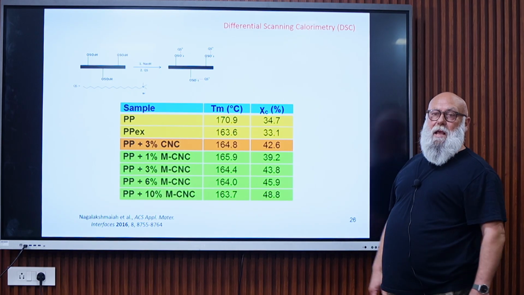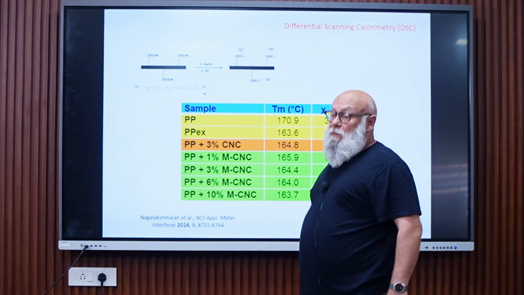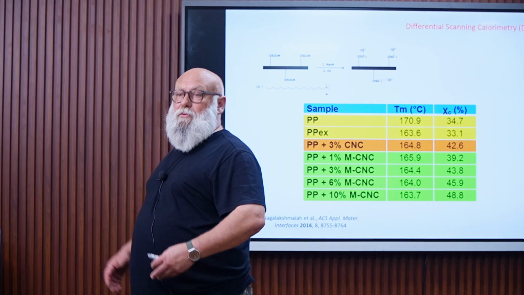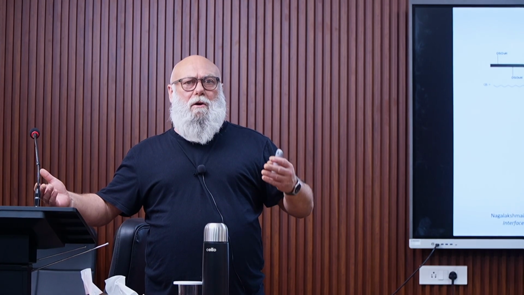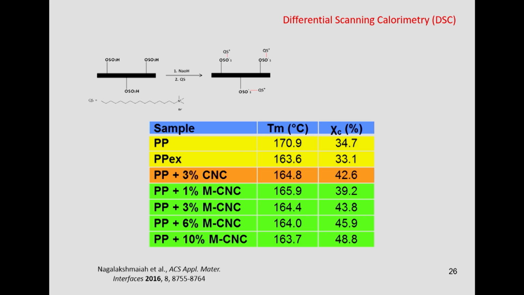This is also related to the nucleating effect. In fact, this nucleating effect, of course, facilitates the nucleating step, meaning that we have more crystals, they form more easily, but sometimes the degree of crystallinity can be higher or it can be lower compared to the matrix. There is no direct relationship.